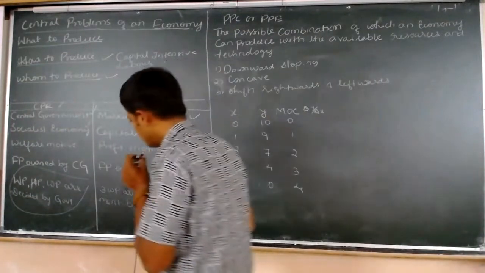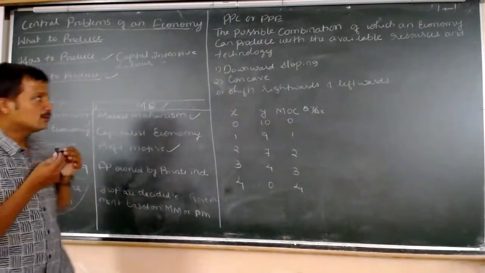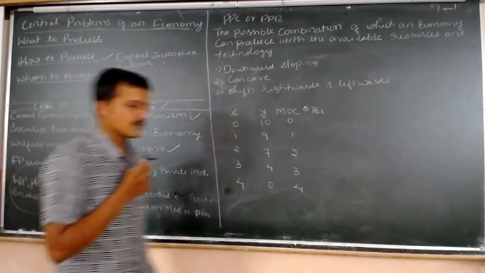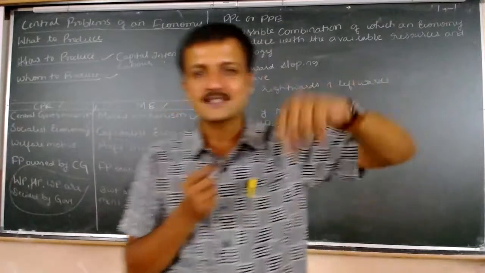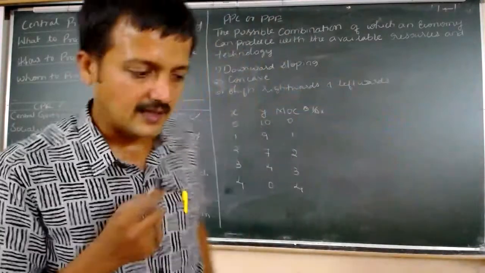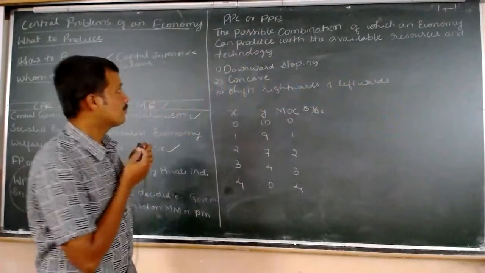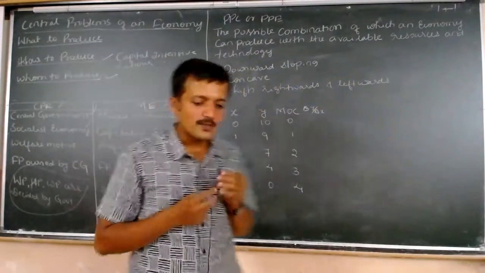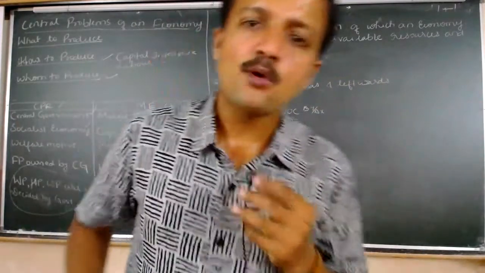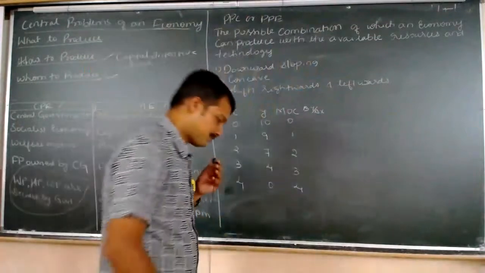Hoping that you have understood, I will move to the next part, which is the last question in this chapter, that is the production possibility curve, or we can call it the production possibility frontier.